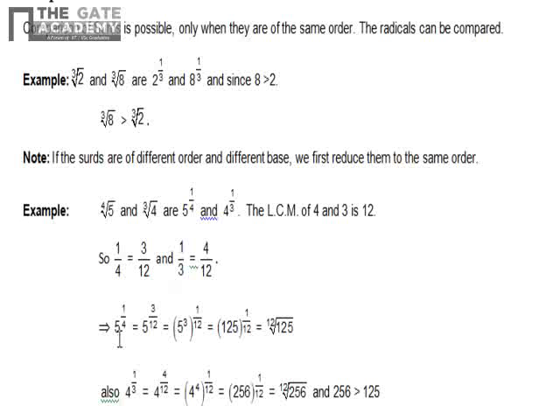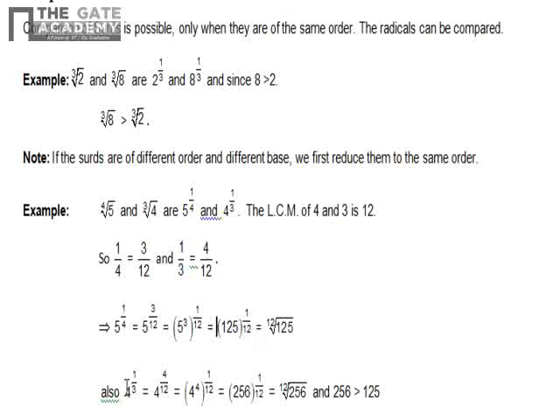Now 5 raised to 1 by 4, that means fourth root of 5, will become 5 raised to 3 by 12, which is in turn 5 cubed raised to 1 by 12, that is 125 raised to 1 by 12. That means I can write 12th root of 125.